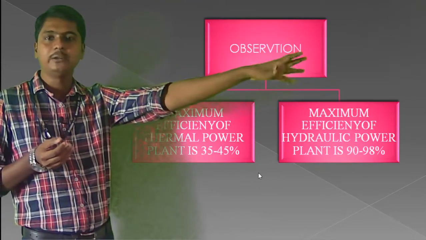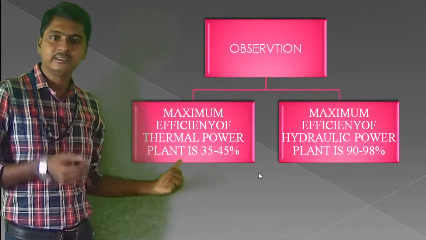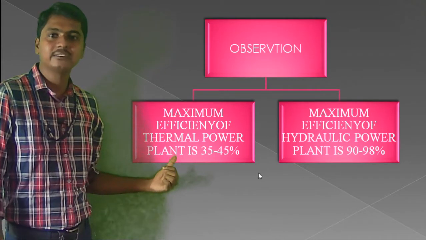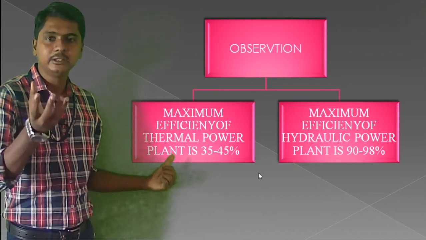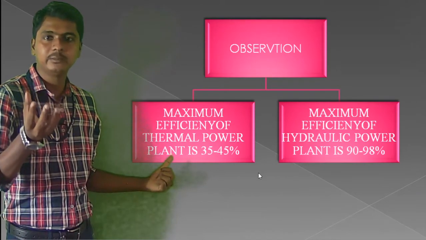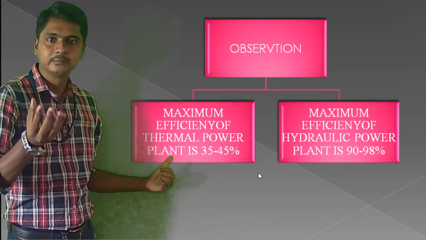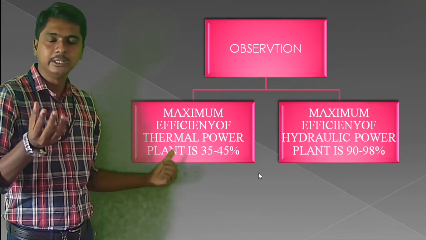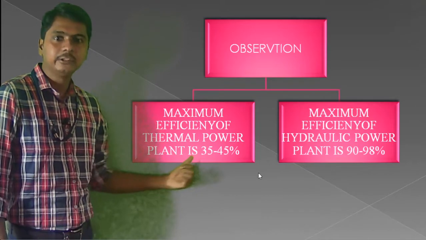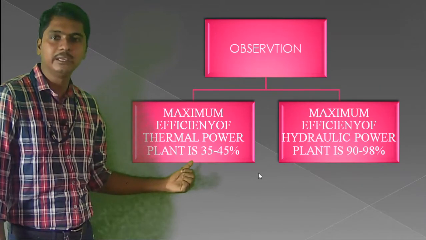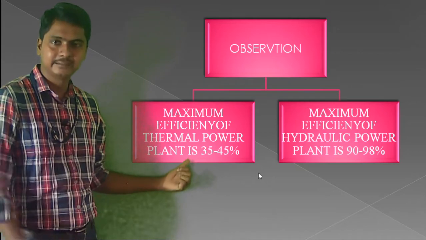That heat energy will be supplied to the turbine. So this thermal power plant works under low grade energy. It uses the heat that is produced after the combustion of the air and fuel mixture. That's why you can see the efficiency of a thermal power plant will be comparatively less.